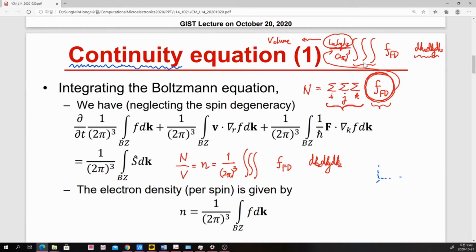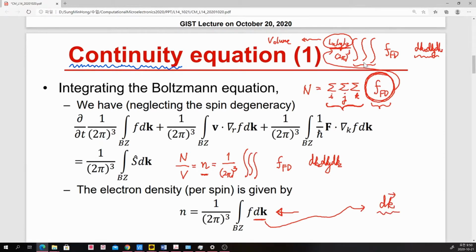Okay, and here you can see that this is exactly corresponding to our expression shown here. You know that electron density is given by 1 over the cube of 2 pi and a triple integral. So here I have introduced a little strange notation, dk. Although that is written in this way, please regard it as just a triple integral.